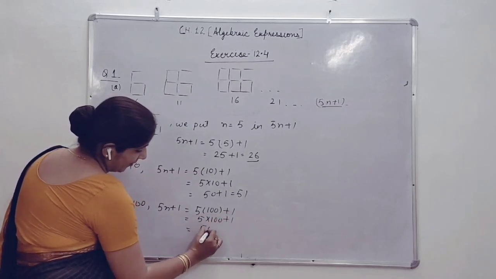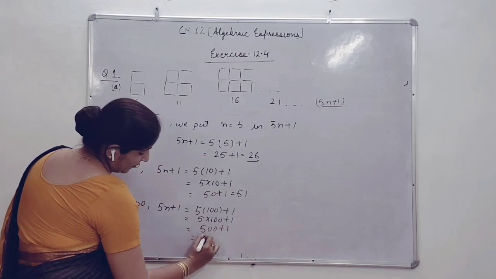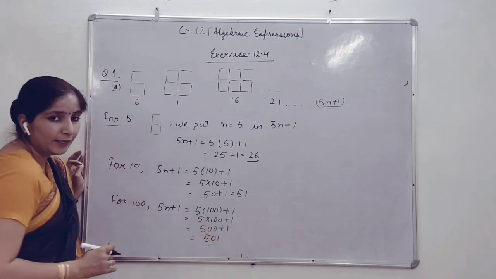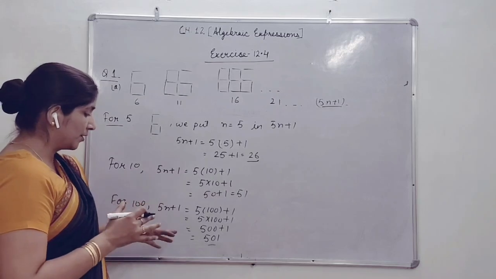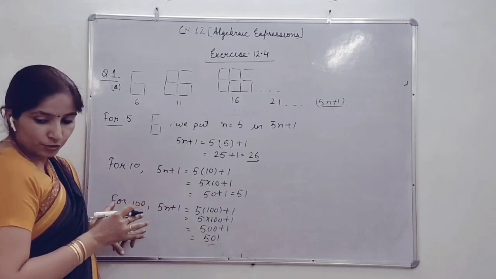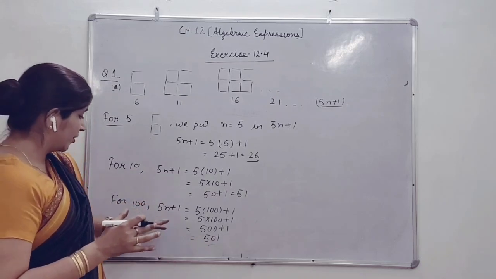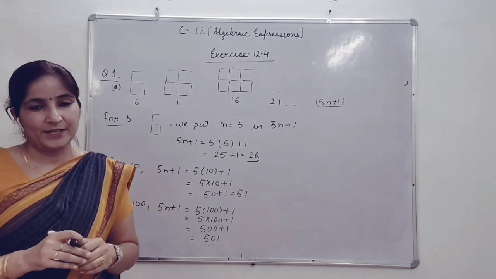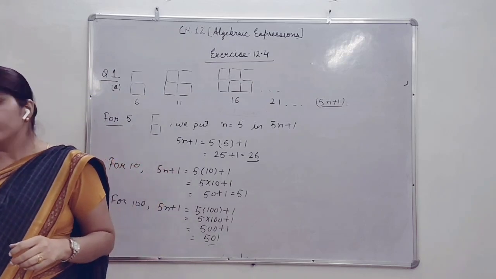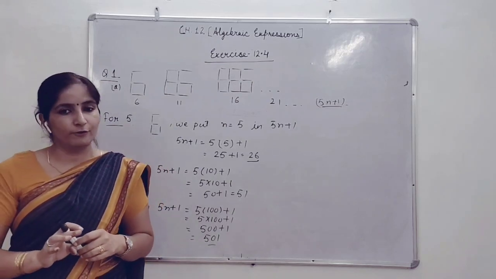So it is 500 plus 1. After solving, 501 means we need a total of 501 segments to form these 100 digits of 6. So this is question 1 of exercise 12.4.